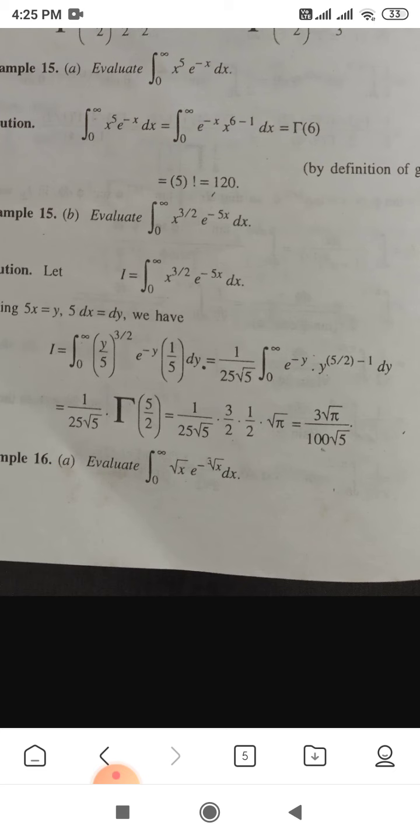Gamma 5 by 2 is equal to 3 by 2 gamma 3 by 2, again gamma 3 by 2 is equal to 1 by 2 gamma 1 by 2, and gamma 1 by 2 is root pi. So putting all the values in this expression, it will be 3 root pi upon 100 root 5. So this is the final answer of this integration.